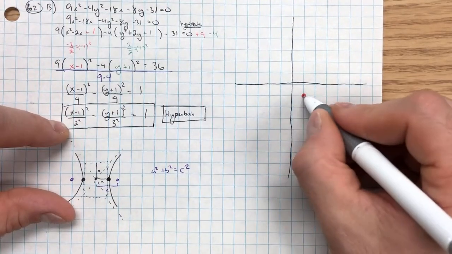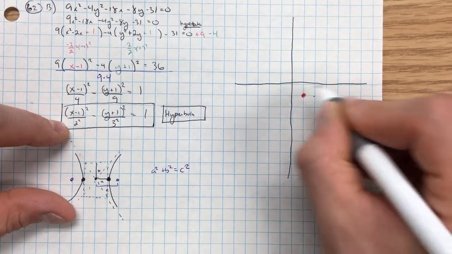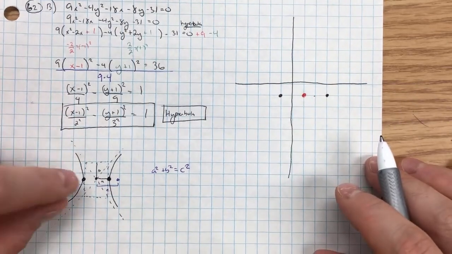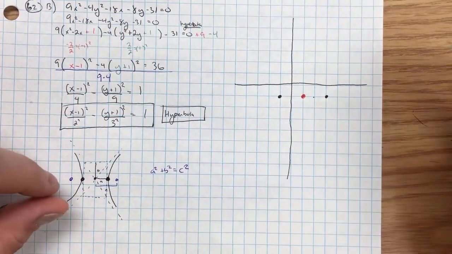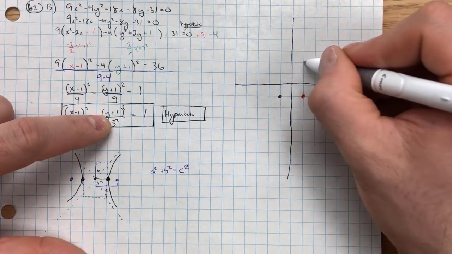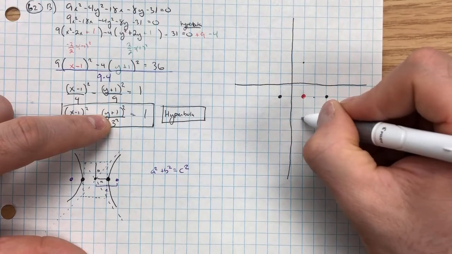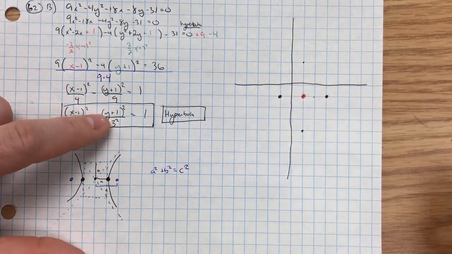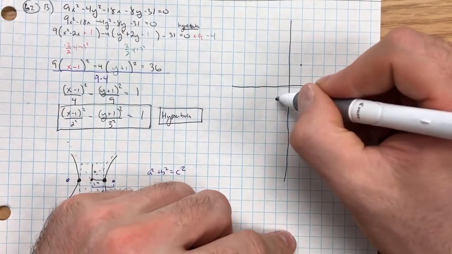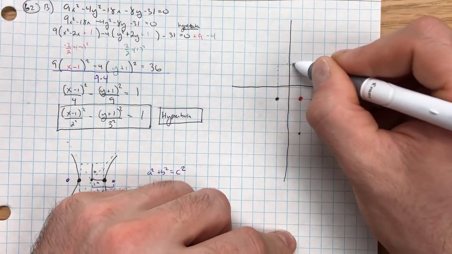So I'm going to come out here, 1, 2, and back 1, 2. I know my B, even though it's not on the actual graph, is going to allow me to sketch my asymptotes. So my B is going to be 3: 1, 2, 3, and 1, 2, 3. And between these four points, I'm going to draw myself a nice little square.